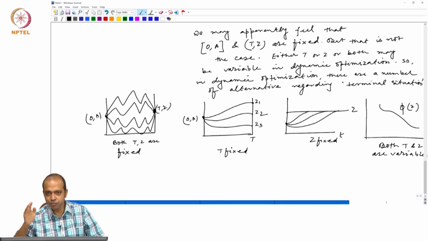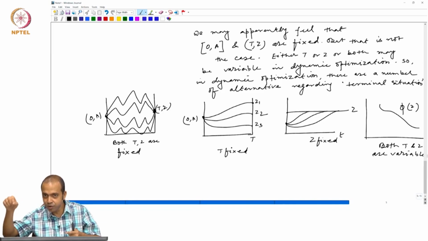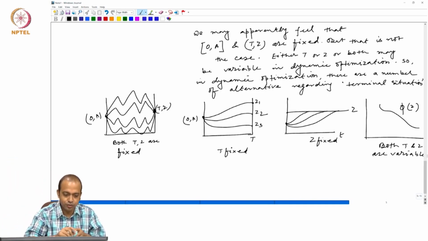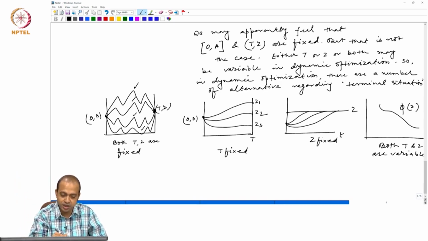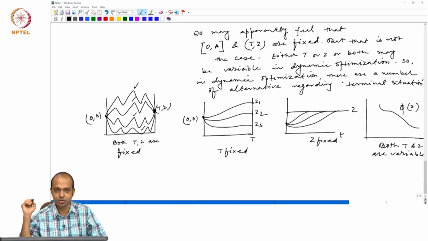Depending on your x star and y star, you will arrive at u star, which is point to point mapping. But in dynamic optimization, you are mapping several paths to a real line. I will select a path, whether this path or this path, depending on my terminal state, that is, which path will help me reach the terminal state at minimum cost.